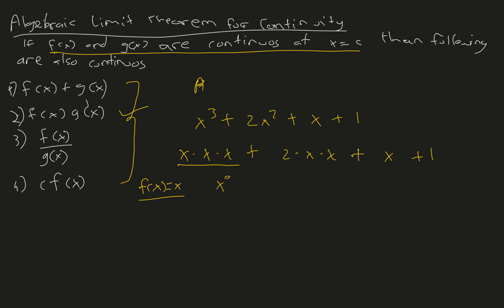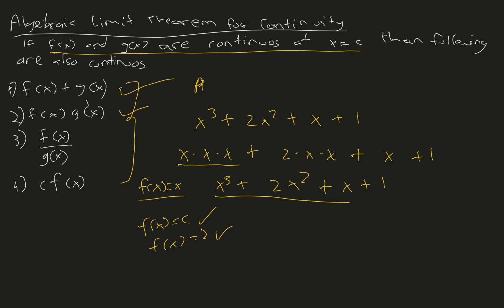So x cubed is continuous, and 2x squared is continuous because we also said that f of x equals c is continuous, so 2 is always continuous, so 2x squared is continuous, so is x, and so is 1. And the algebraic limit theorem states that when we add continuous functions together, the continuity is preserved.